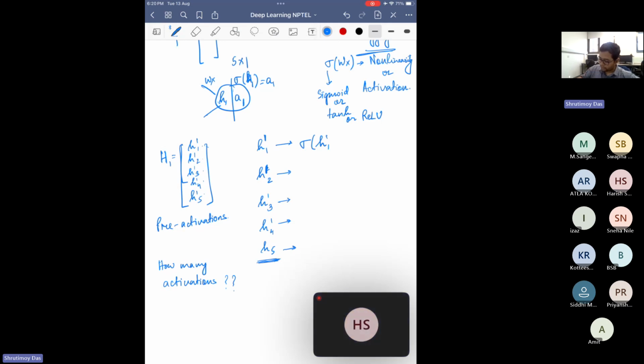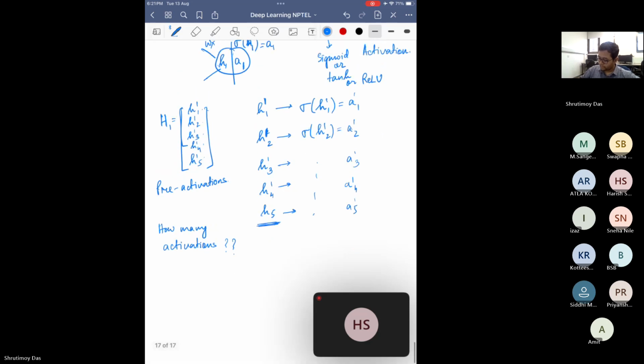So we have sigma of h11, sigma of h12, and so on. Let us say this is A1, this is A2, A3, A4, and A5, right?